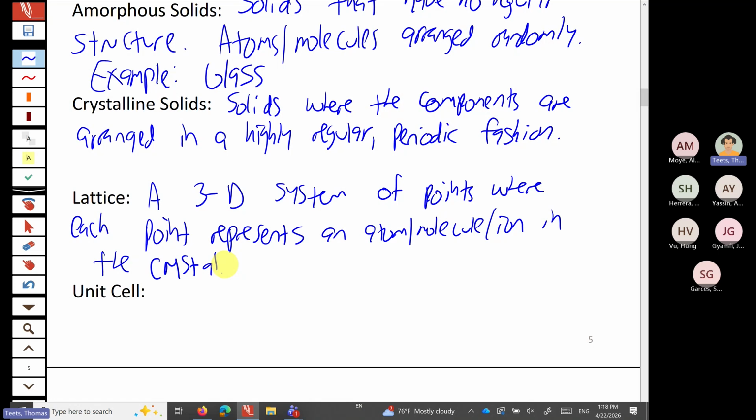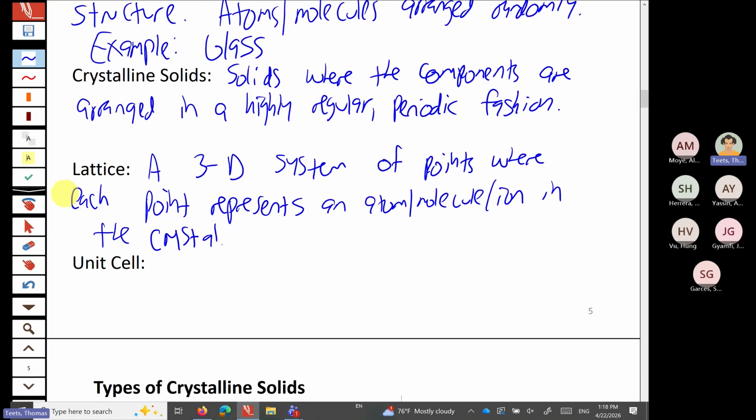So another term that's important to understand how we're going to describe these different crystalline solids is what's called the unit cell. The unit cell is the smallest repeating unit in a crystal. Most of the unit cells we're going to talk about are cubic in shape.